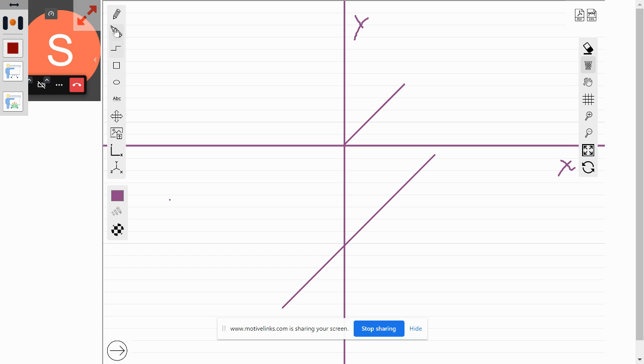Okay. So the y-intercept is going to be -8. So we're making an equation right here. So yeah, that's the y-intercept.